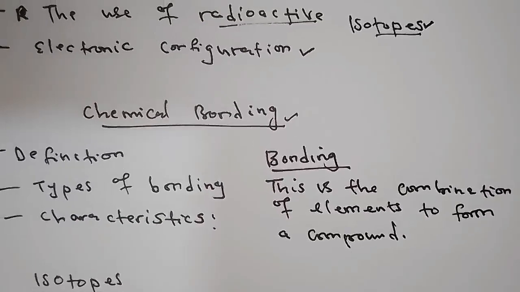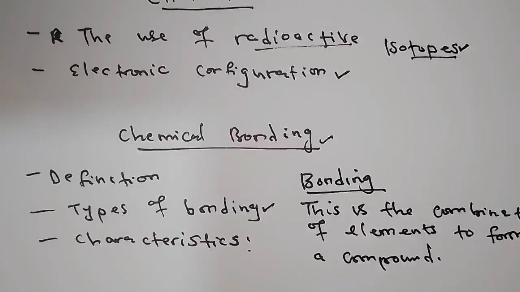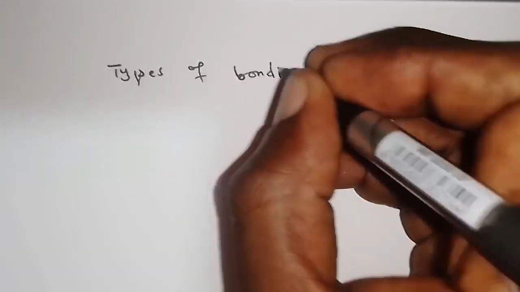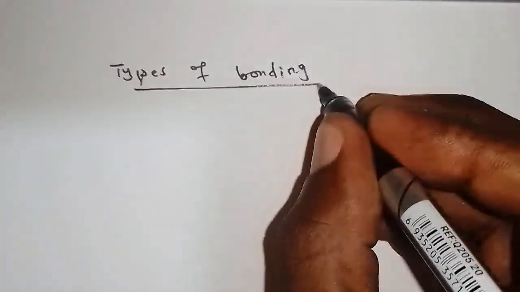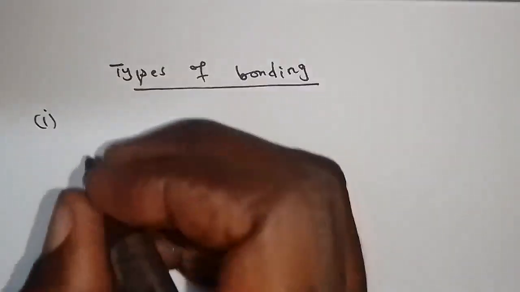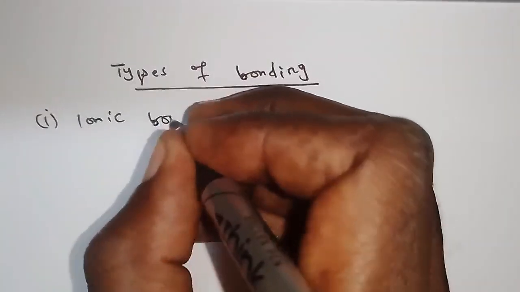Now we also know that there are types of bonds that we need to discuss. So when you look at types of bond, we have what is called ionic bonding.